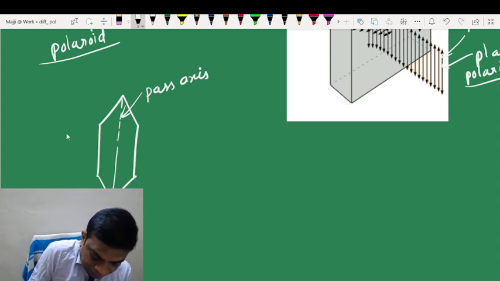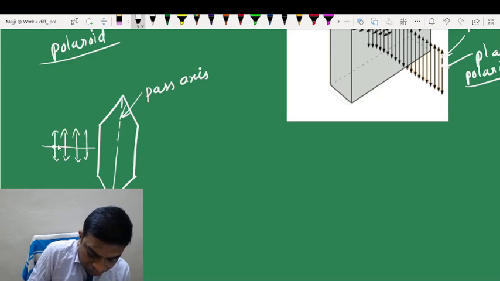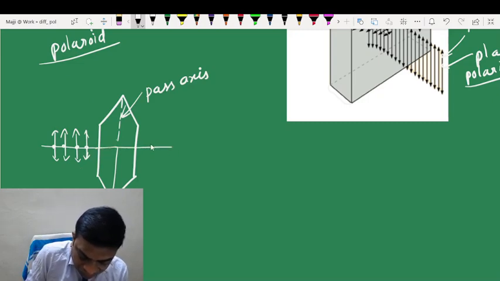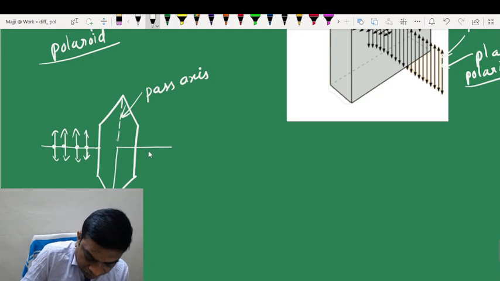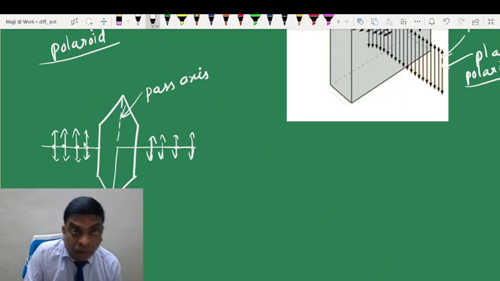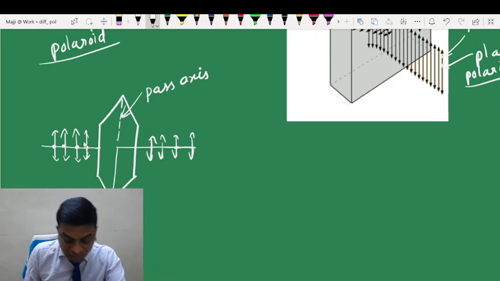So here you have the electric field components which are both in the plane and perpendicular to the plane. But when it comes out, you have only that electric field which is parallel to the pass axis. These dot components of electric fields are completely absorbed.